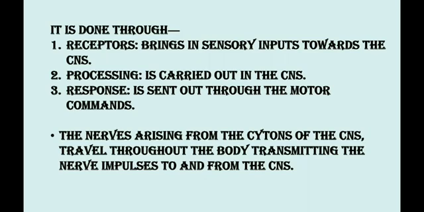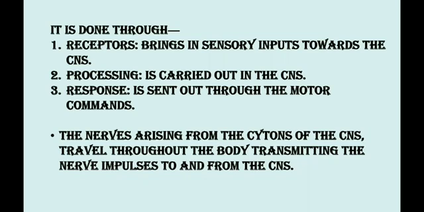For example, if you touch a hot pan, your hand, your skin comes in contact with that hot pan. The receptors present in your skin, that is the sensory impulse, will carry that message and pass it to the central nervous system.